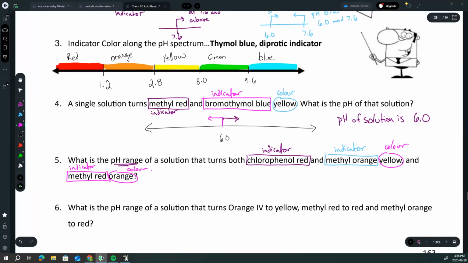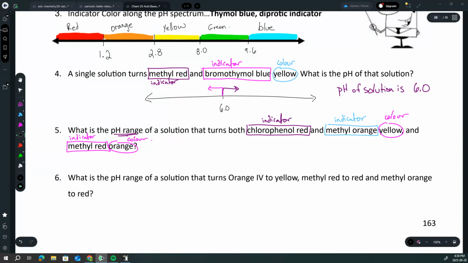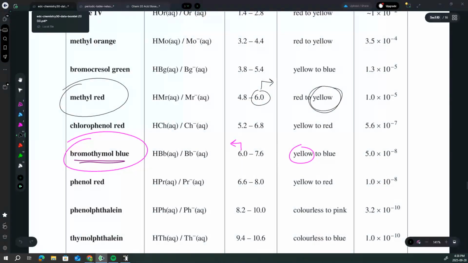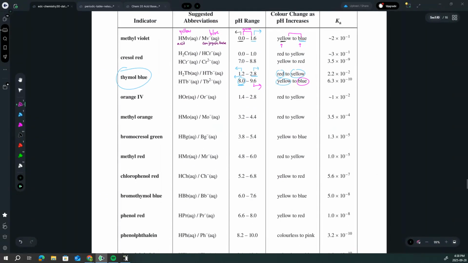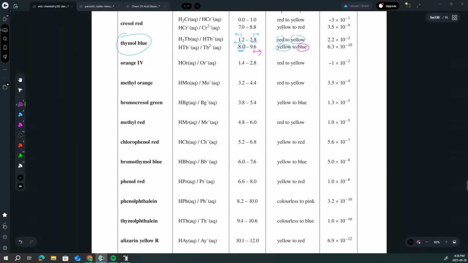Okay, so once again, a number line is the way to go when solving this. Let's start with chlorophenol red and where it is yellow. Chlorophenol red is right here.